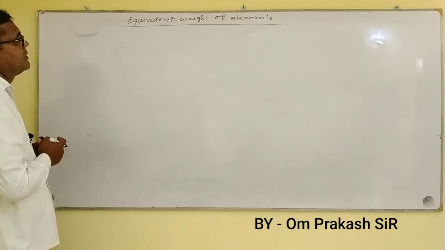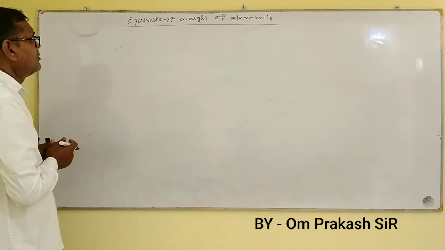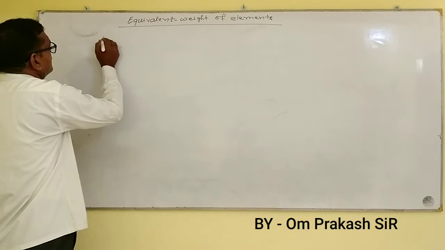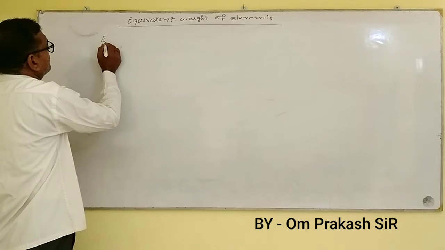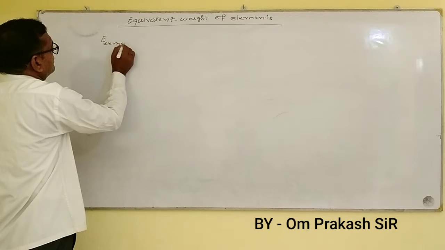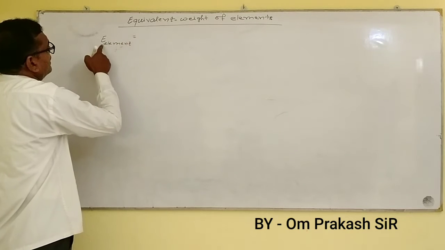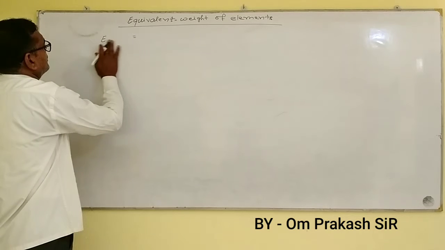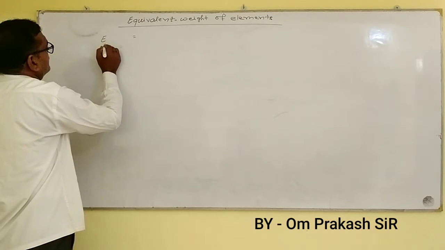The formula is: equivalent weight of element. We write a small letter e, or we write E of element.